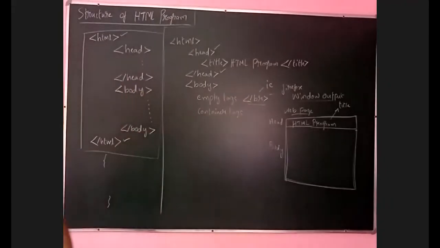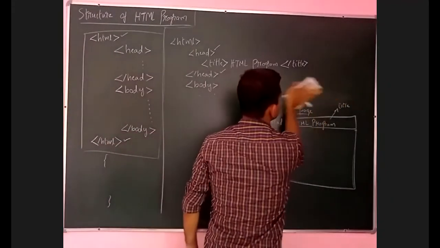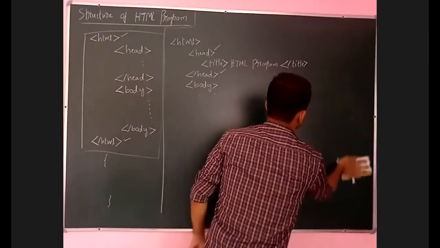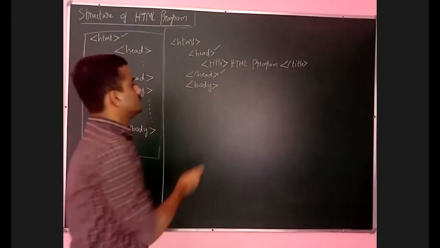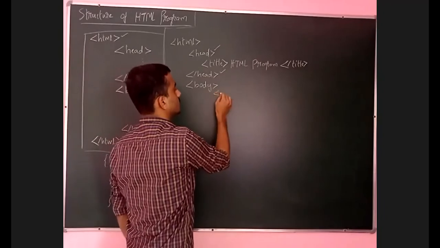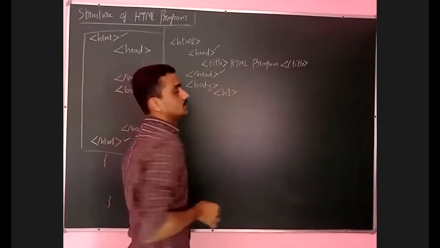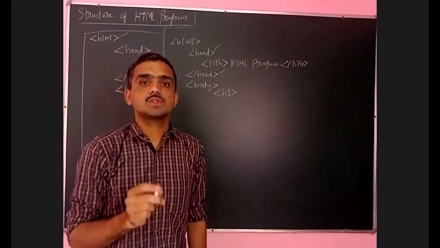So now we will see some examples of these tags. Suppose I want to start with headings. There is a tag called H1 to H6, where H refers to heading.